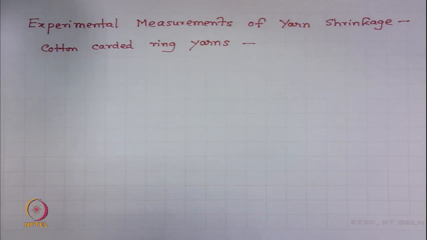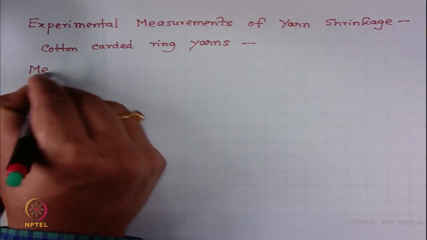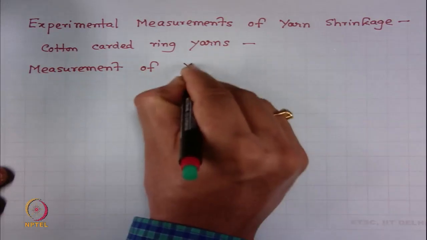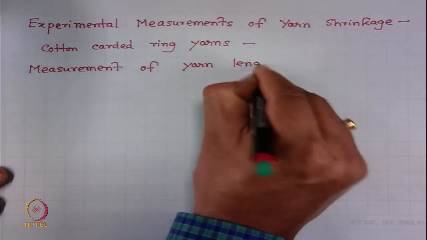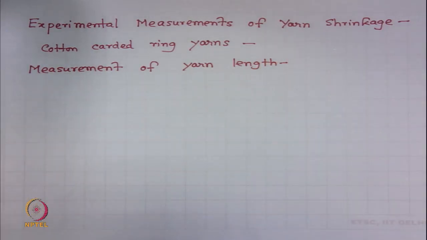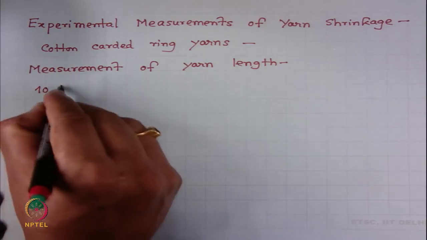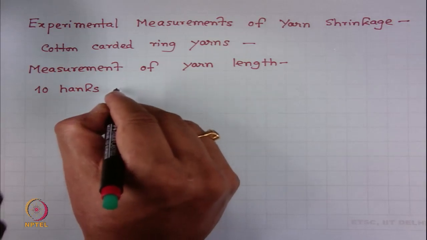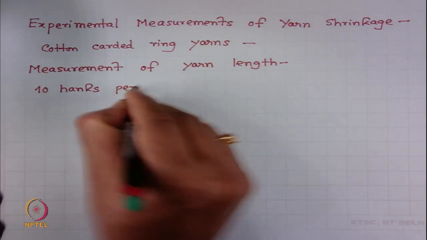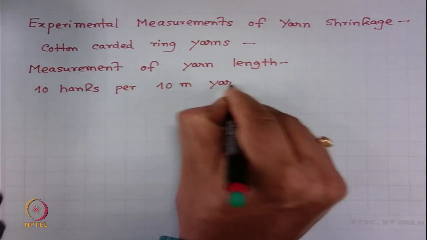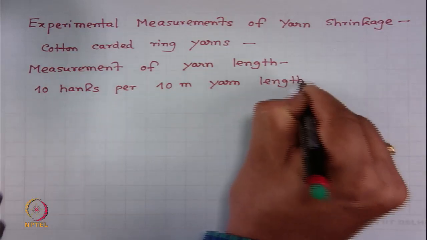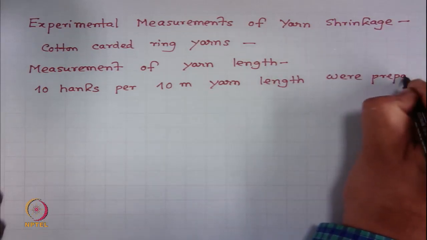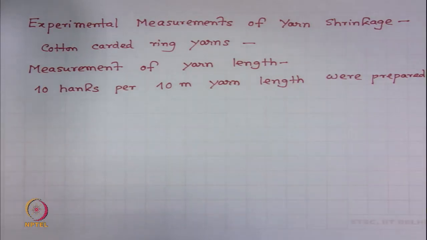So, how was the yarn length measured? What was done is 10 hanks per 10 meter yarn length were prepared.